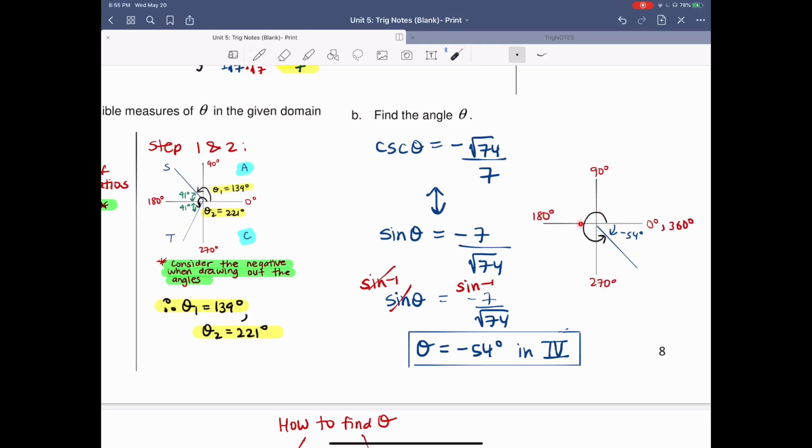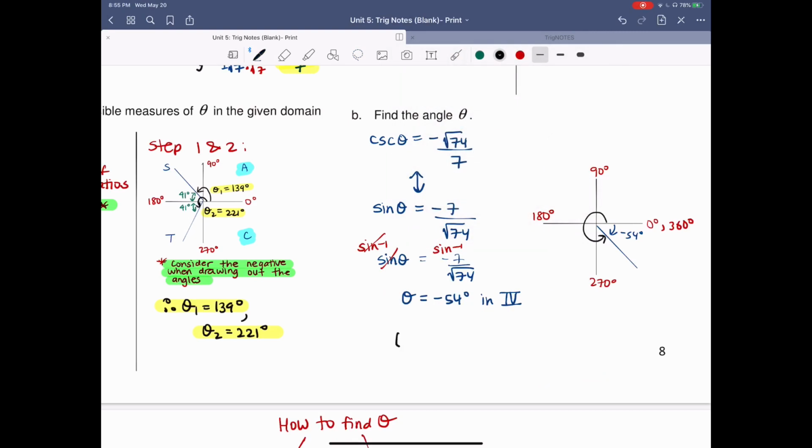Easiest way of figuring this principal angle out is, well, this full circle is 360, so I'm going to do 360 minus 54, or -54 plus 360. And so at this point, I'm going to find my actual answer. I have -54 degrees plus 360 degrees. And so therefore, my angle that I get as my final answer is 306 degrees.